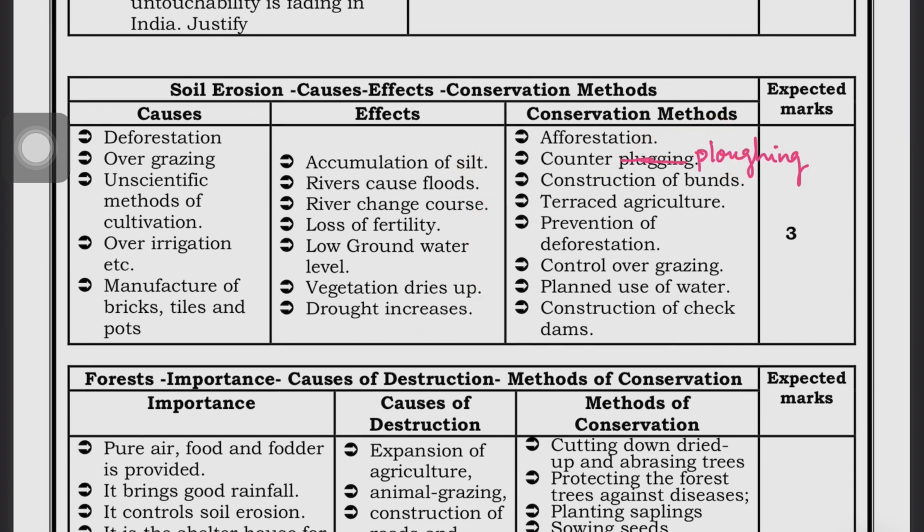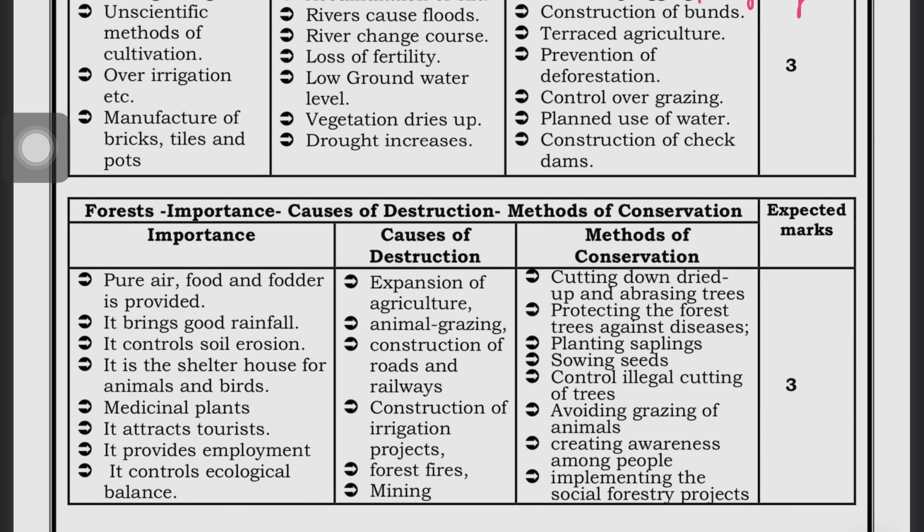Afforestation, contour plowing, construction of bunds, terraced agriculture, preventing deforestation, controlling overgrazing, planned use of water, construction of check dams.